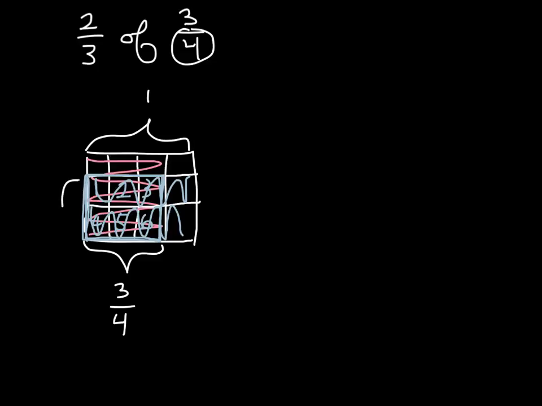I should label this as 2/3. Okay, so I have 6 units, and my total now is 4 times 3, so I have 6/12.